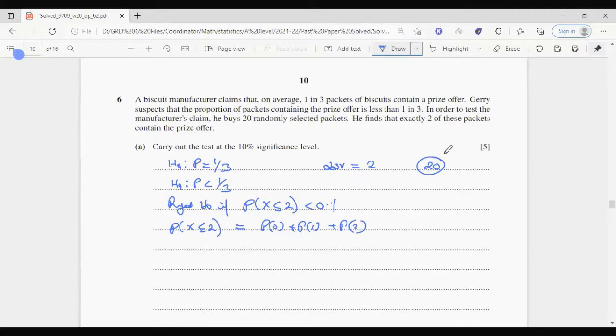As you know, this is a binomial distribution with 20 and probability 1/3.